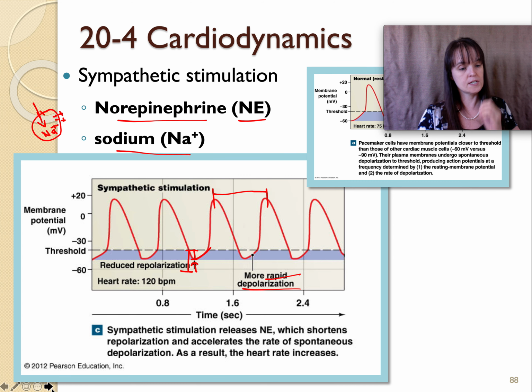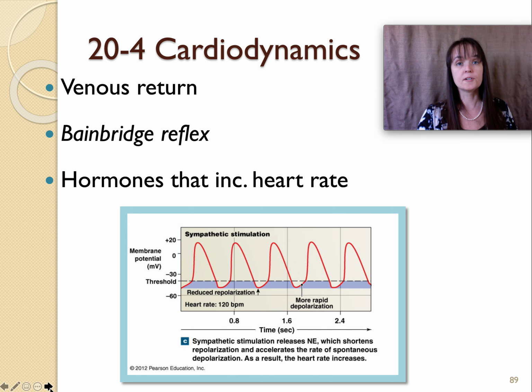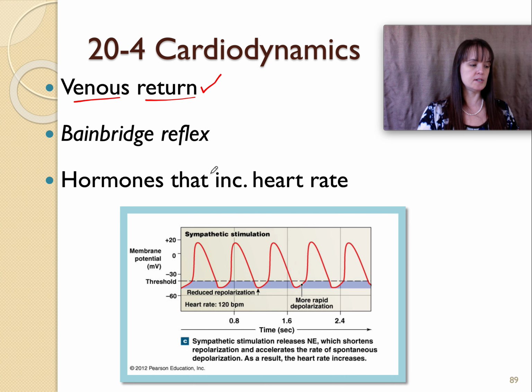Okay, we're going to finish chapter 20 on this video because I'm ready to be done with this chapter. Venous return is the amount of blood that returns to the heart from the veins. The Bainbridge reflex is an atrial reflex.